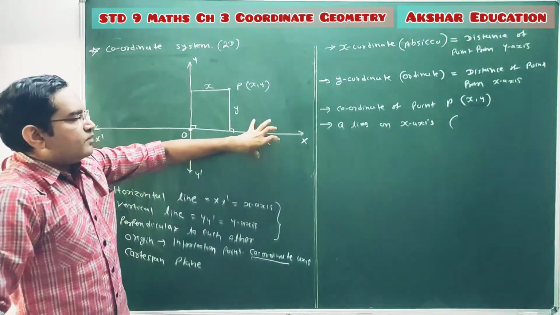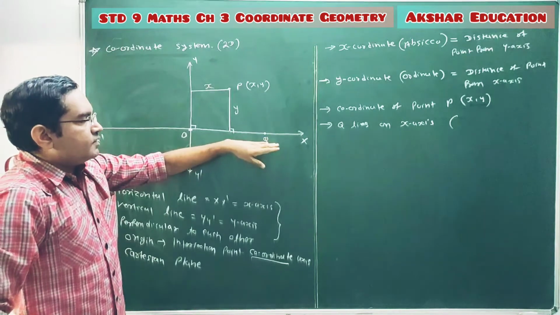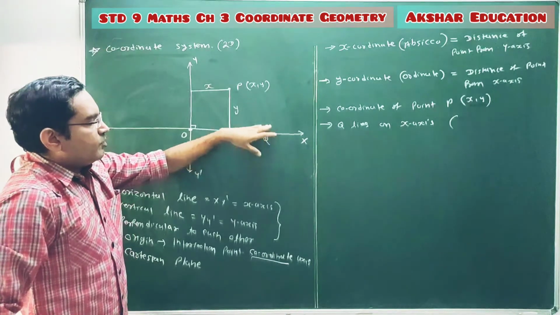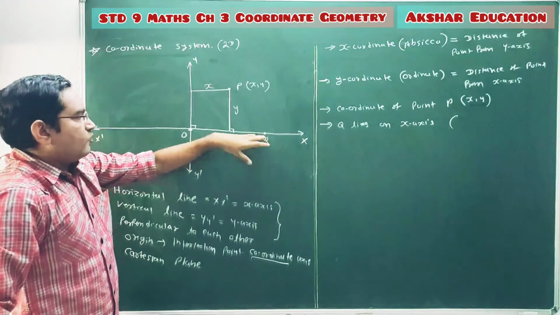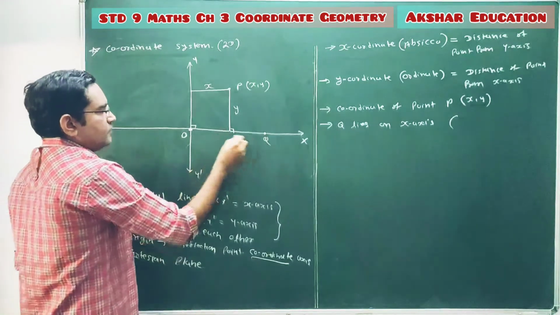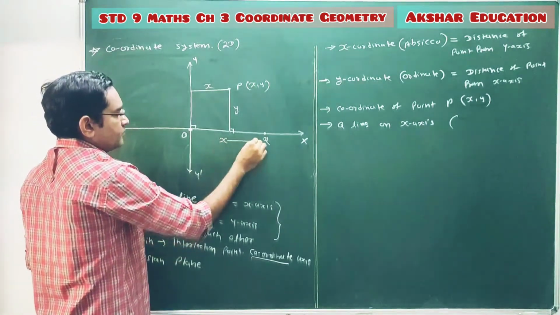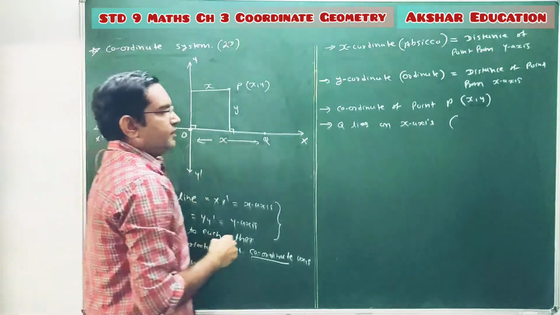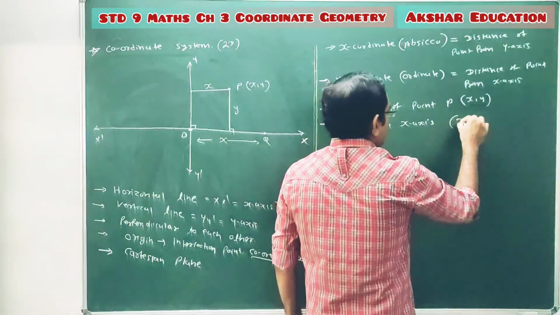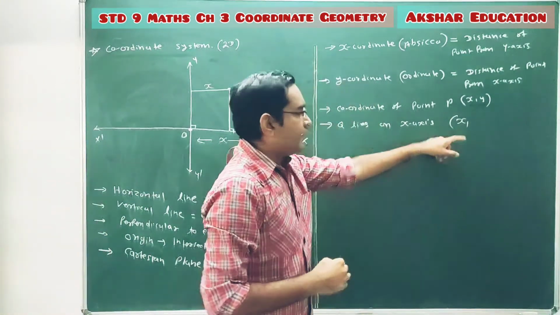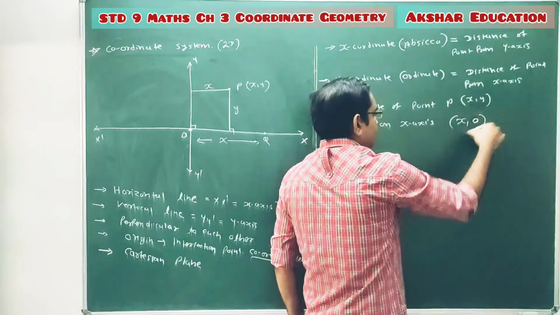So any point which lies on the x-axis, its distance from the x-axis is 0, and distance from the y-axis is, suppose this is x. So any point which lies on the x-axis, its distance from the y-axis is x and distance from the x-axis is 0.